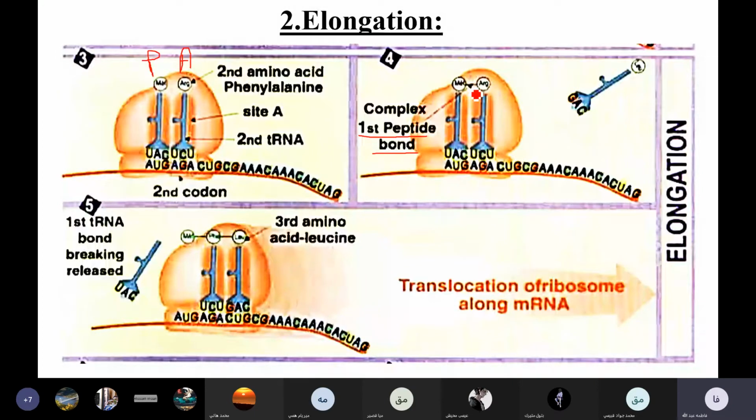So a peptide bond will be formed between MET and ARG, between the two amino acids. لقطتهم مع بعض بpeptide bond. Again, صار عندي transfer RNA إجا قعد على السكند كودون. تاني step صار عندي formation of peptide bond.